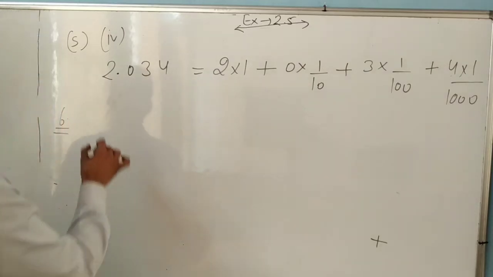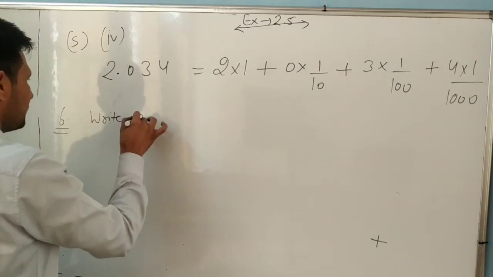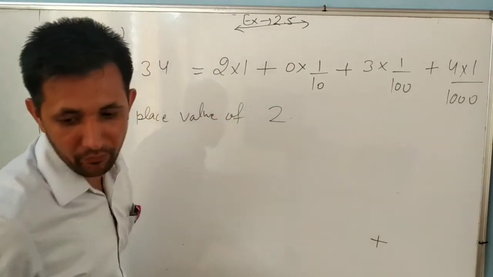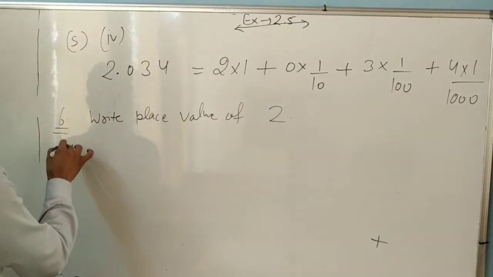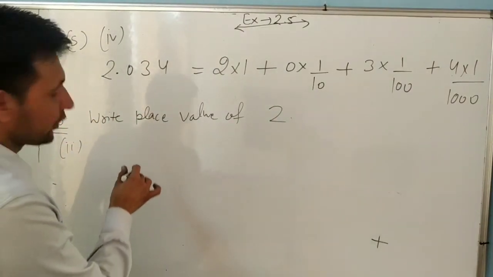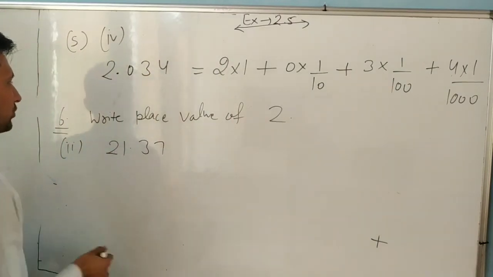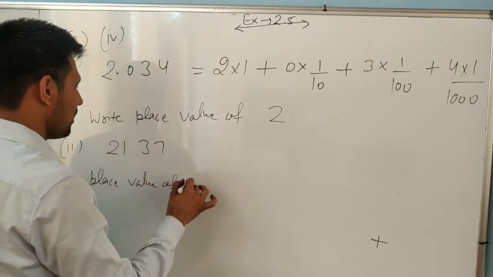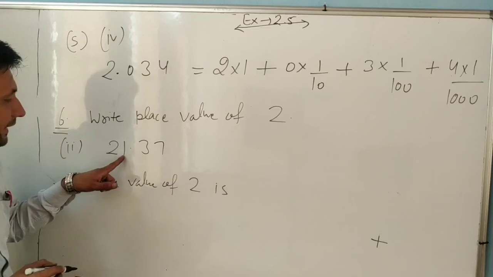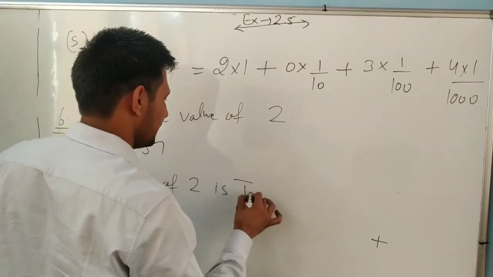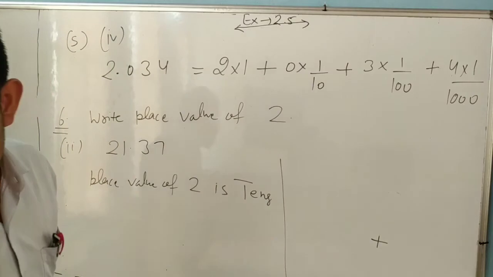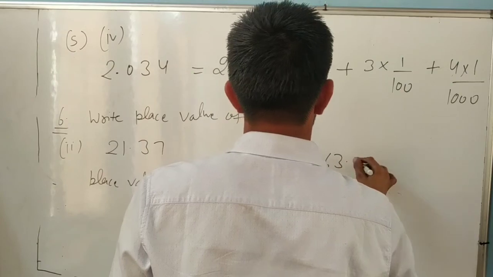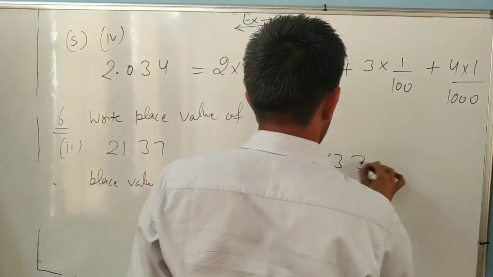Now question number 6. Write the place value of 2 in every part. Suppose second part, so we have to write 221.37. So we will write place value of 2 is, it is ones, it is tens. So it is tens. Same as it is, you can write the fifth part, 63.352.